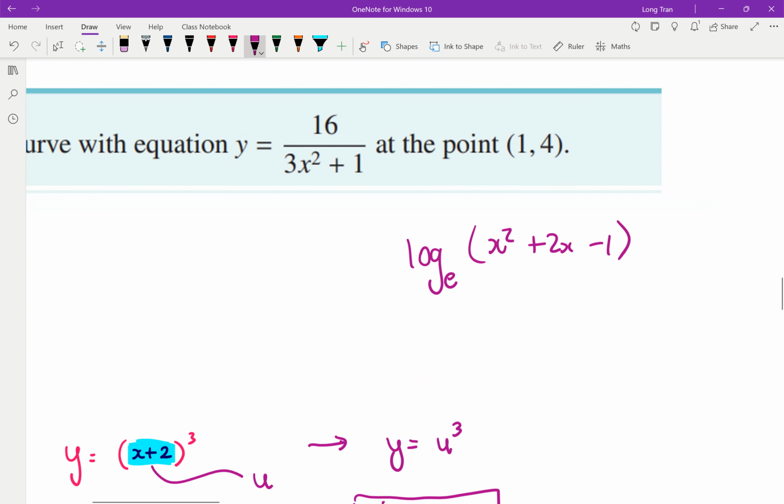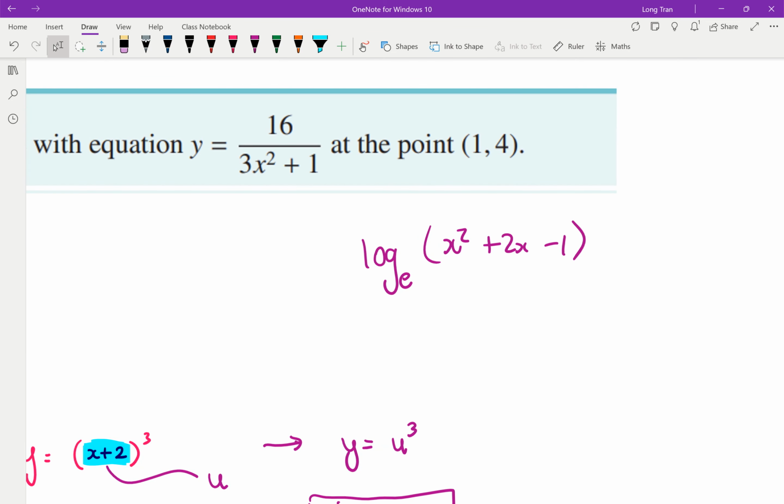The problem is not the log e, because once I teach you how to differentiate log e, you can use the rule. The problem is x squared plus 2x minus 1. That's complicated. But if I can remove that and replace it with another letter, then it's differentiable. But the beauty is that x squared plus 2x minus 1, they're all differentiable. I know how to do that.